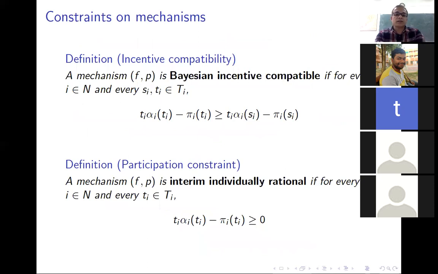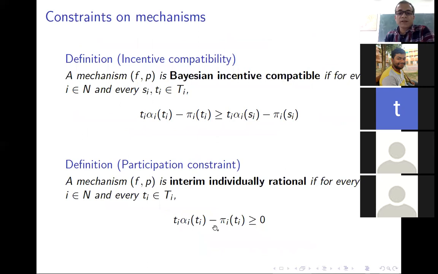And we know that Bayesian incentive compatibility requires that an agent with type Ti does not manipulate and report type Si. So we have seen this in the last class. And interim individual rationality means that the interim payoff or the interim utility of every agent and every type is greater than or equal to 0.